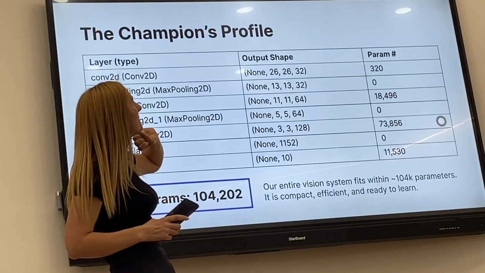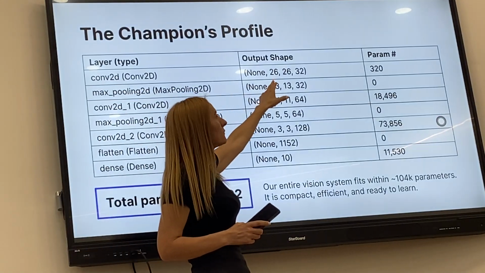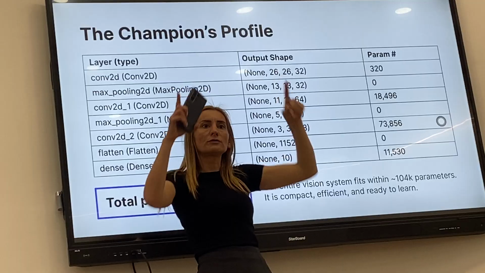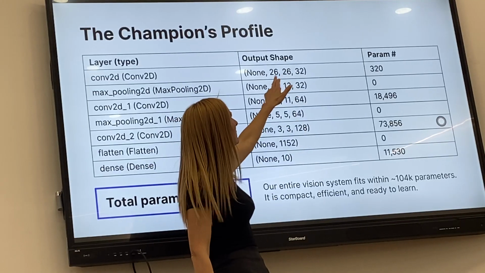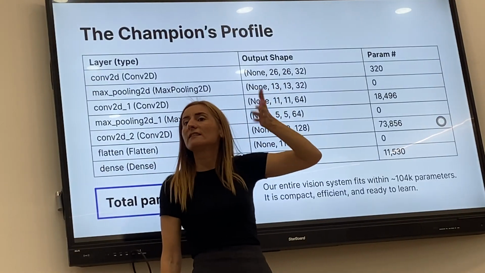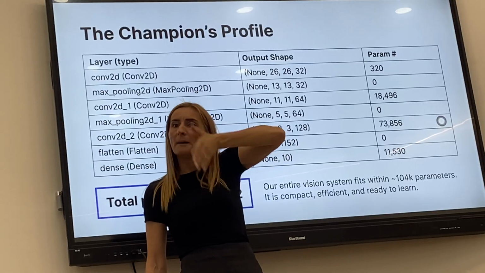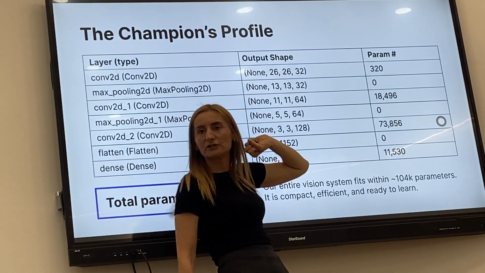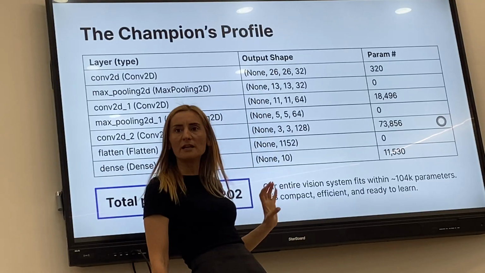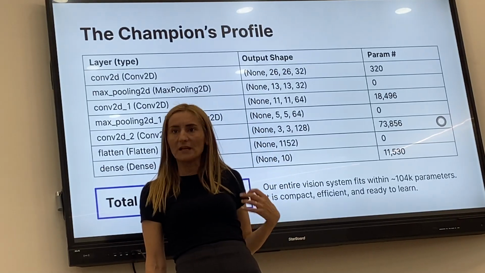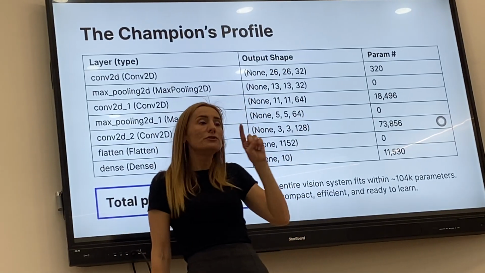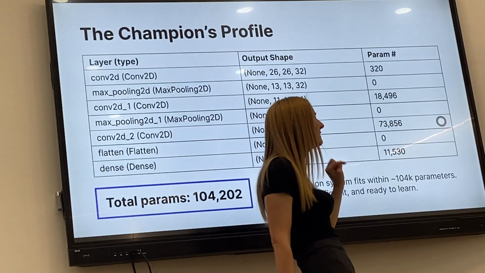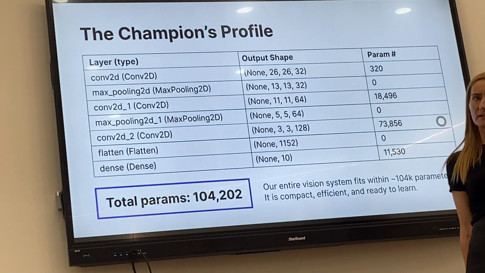The output that we got, due to the loss of border, went from 28 to 26 by 26. We had 32 filters, so it will be 26, 26, and 32 in terms of the output shape from this layer. And now I want you to calculate a bit and think about why the total number of parameters is 320.